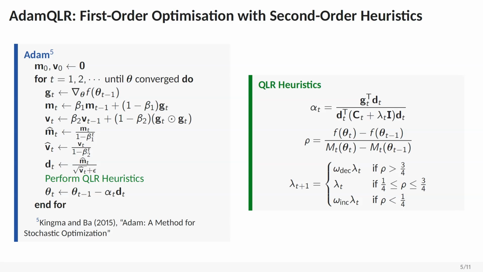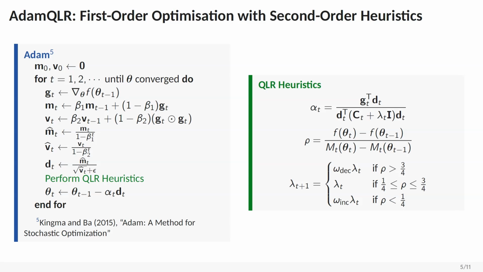Motivated by similarities between the empirical Fisher matrix and the second moment gradient buffer V, we combine this heuristic with the Adam algorithm. On the left, we quote Adam from Kingma and Ba's original paper, which we simply follow as normal until an update direction D is chosen. At this point, we insert our heuristic, which computes a dynamic learning rate using an adaptive damping coefficient.